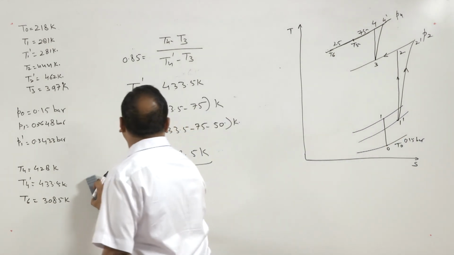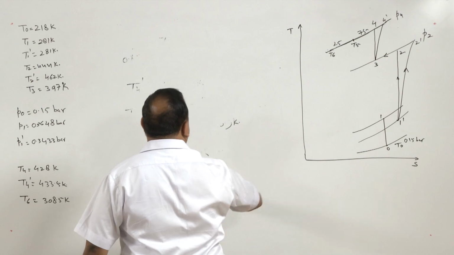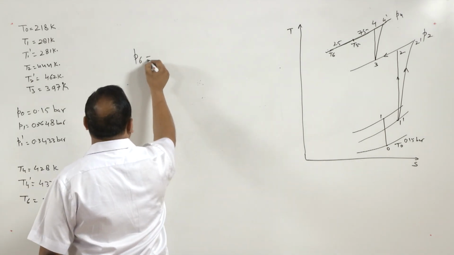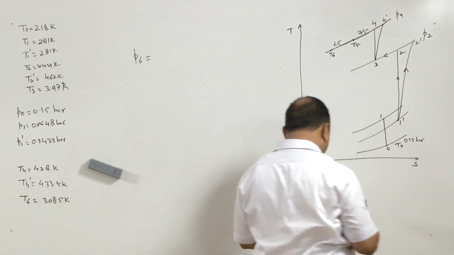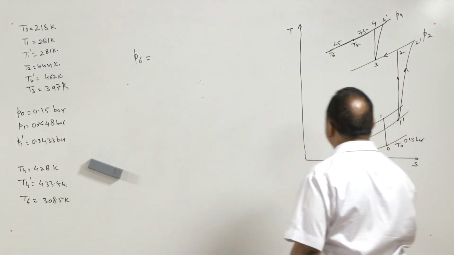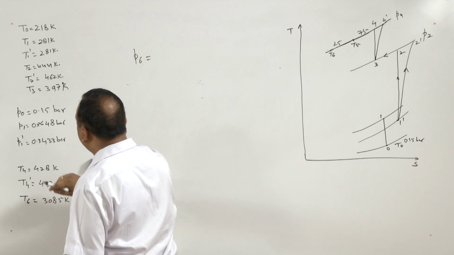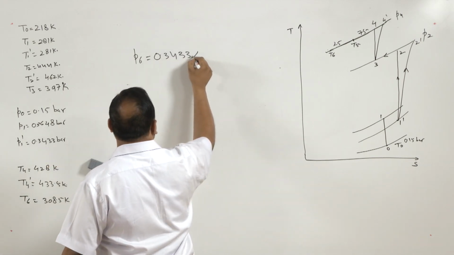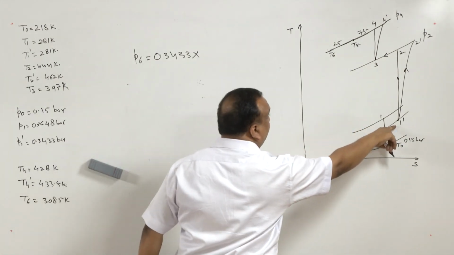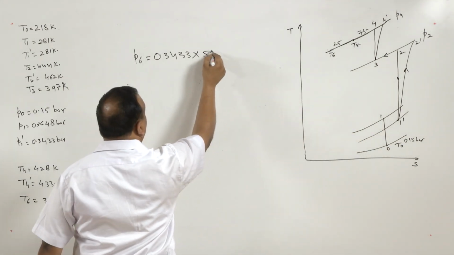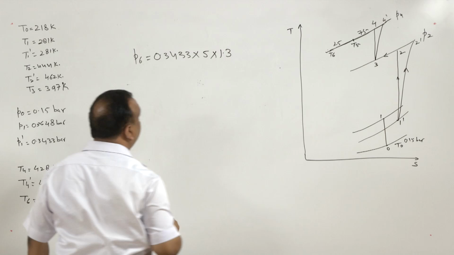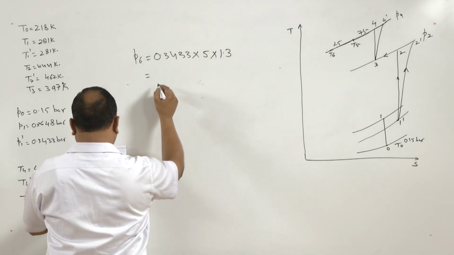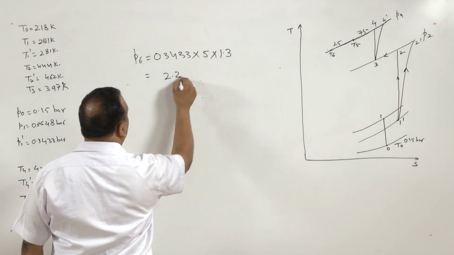So, in order to find this pressure at 6, P6 is the pressure at state 1 dash, that is 0.3433 multiplied by the pressure ratio 1 dash to 2, 5 multiplied by 1.3, and that is going to be equal to 2.23 bar.